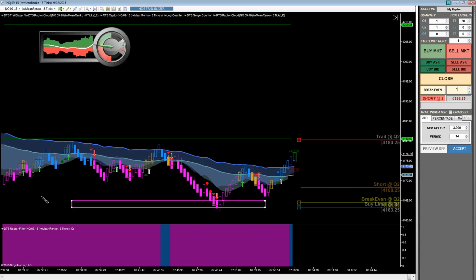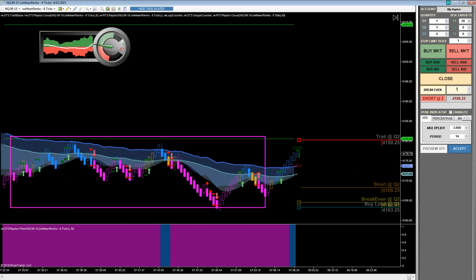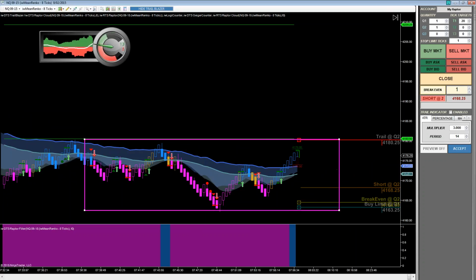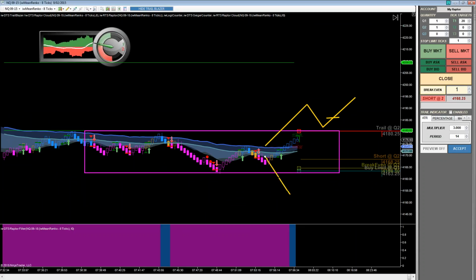So long as we're within this great big trading range, it's going to be tough slogging. So what you want is to let the market break out, retest, and then look for your buying opportunity. And same thing to the downside. You got to let it get out, retest, and then look for your selling opportunity.